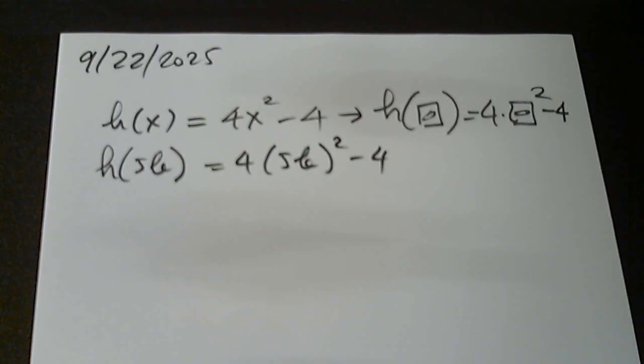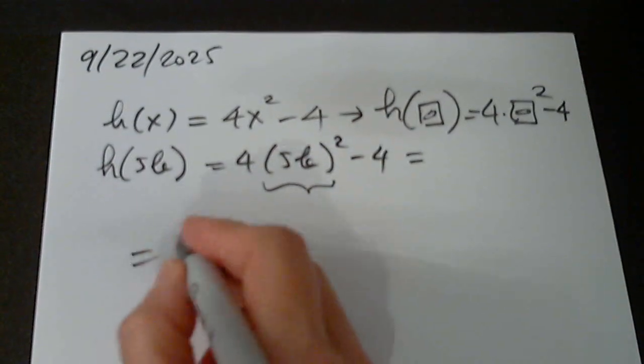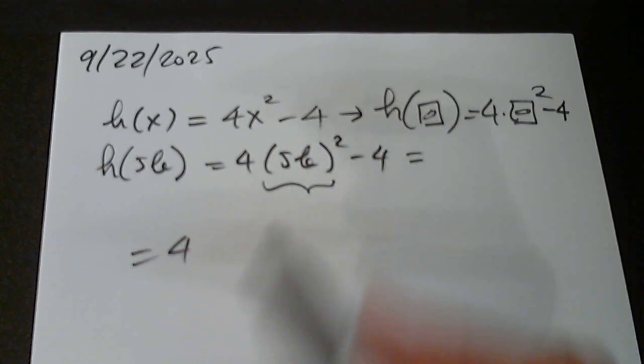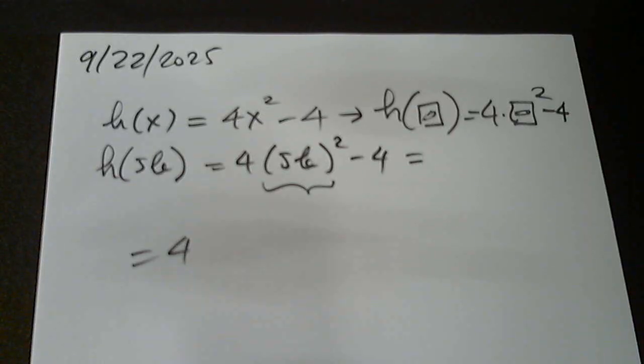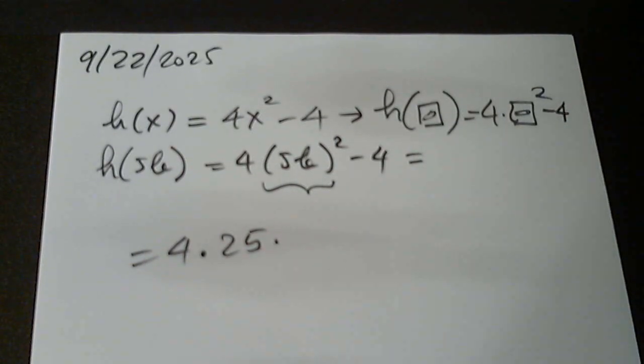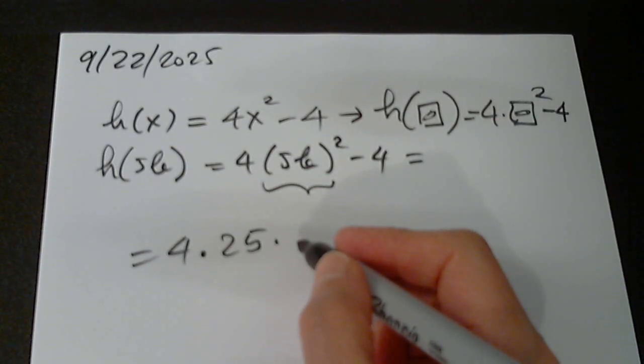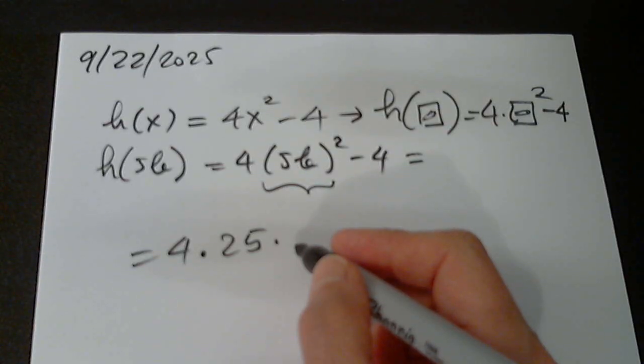Now we will try to simplify it. First I have to square this quantity. So what do we get when we square 5b? 25b. No, 25. Squared, b squared.